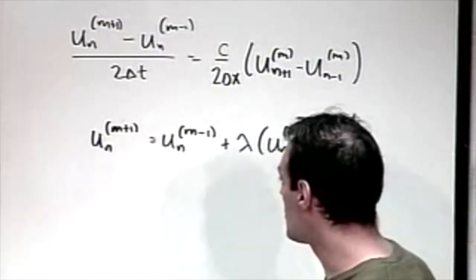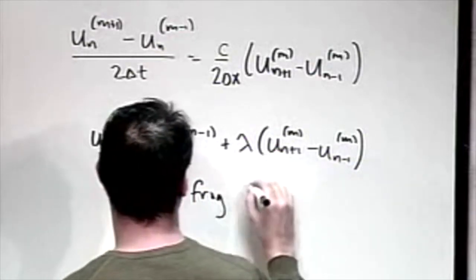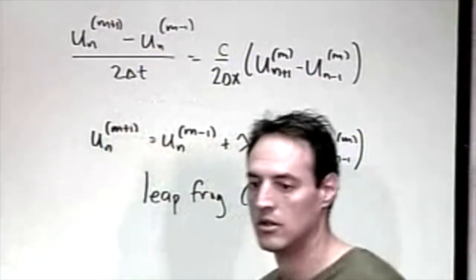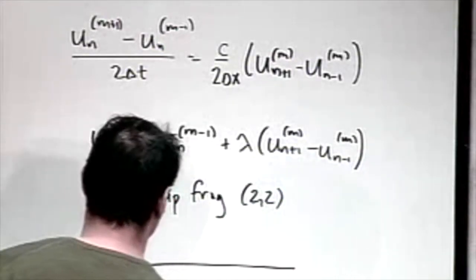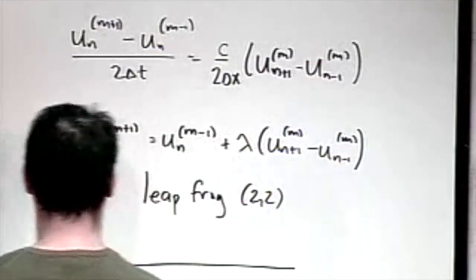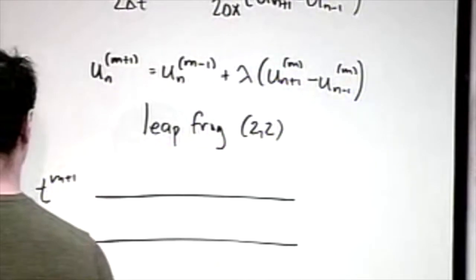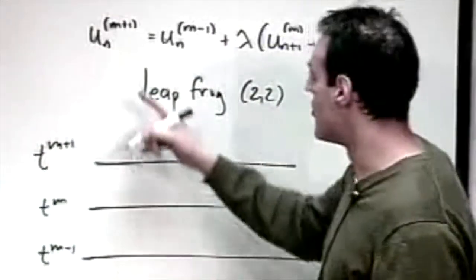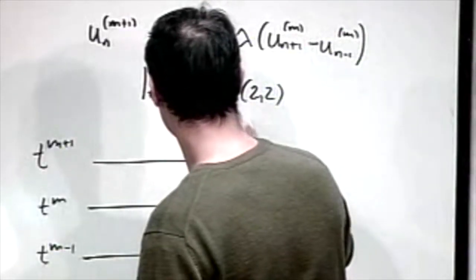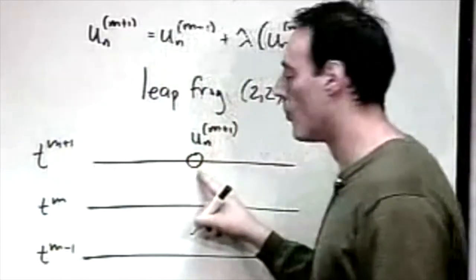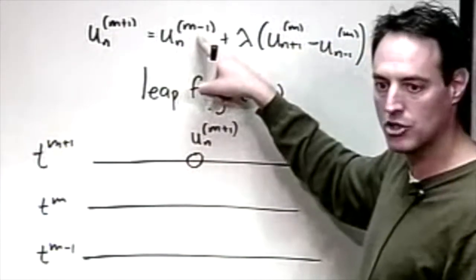So this is what's called Leapfrog method 2-2. And here's why. Basically, you've set up a procedure. If we think about a stencil again for predicting in the future, this stencil for getting a future point right here, call this u of n, m plus 1, what does it rely on? It relies on the point n at m minus 1.